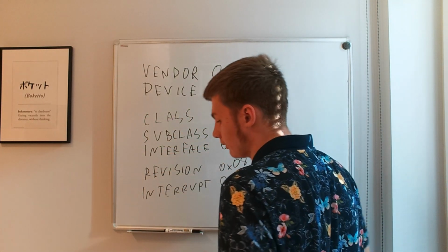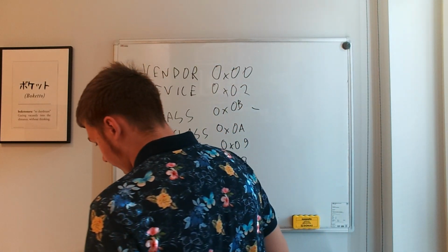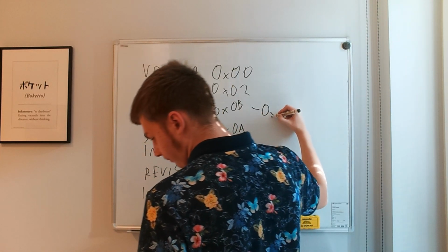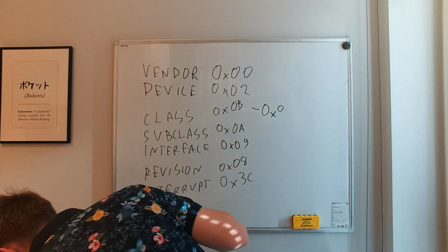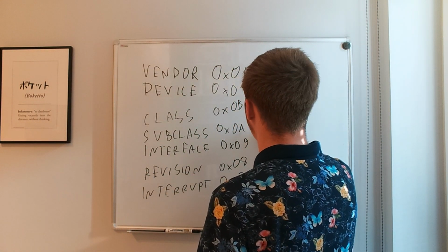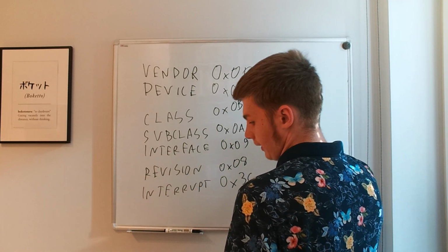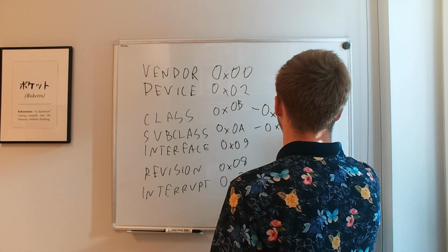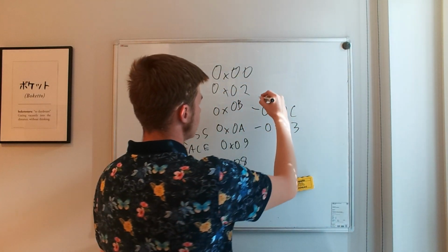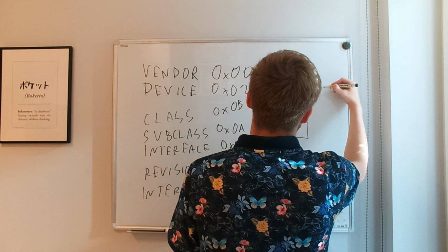According to the USB-IF standard, if the class is 0C, and the subclass is 03, then this means that what you've got yourself here is a USB device, such as the USB controller.